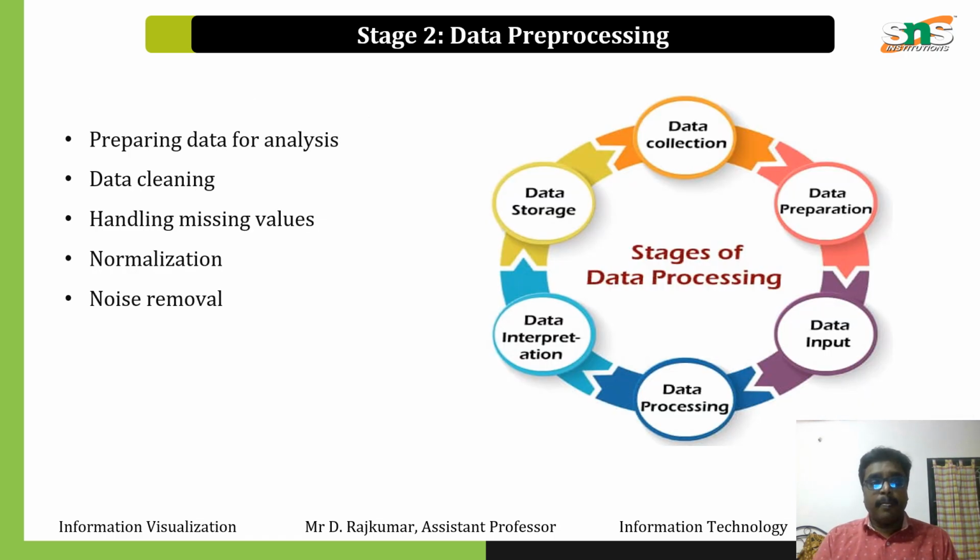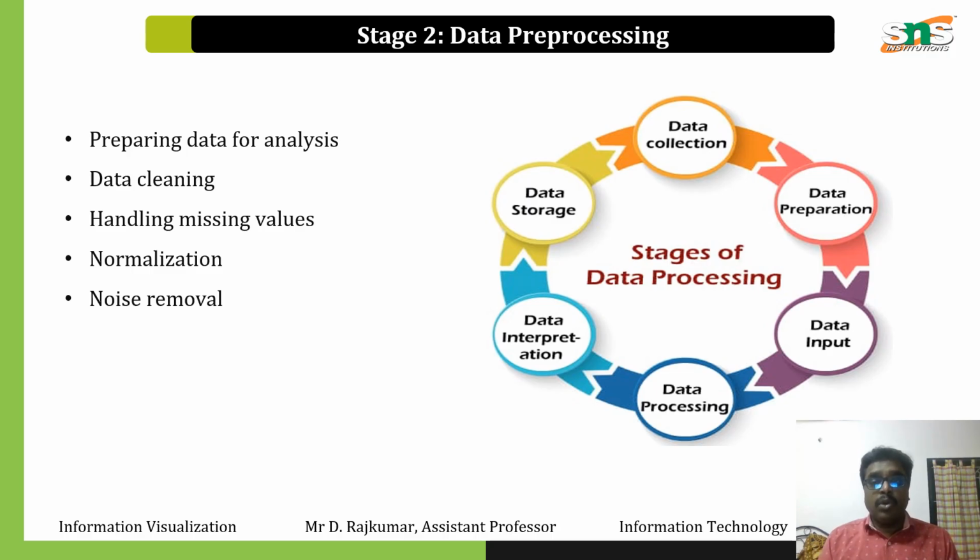So the next one is data pre-processing. This process helps us prepare data for analysis. Here we will be doing data cleaning to make the data more meaningful, and handling missing values, where we will decide what kind of data can be accommodated in those places. We will try to normalize the data across several entries so that it can be taken easily for processing.